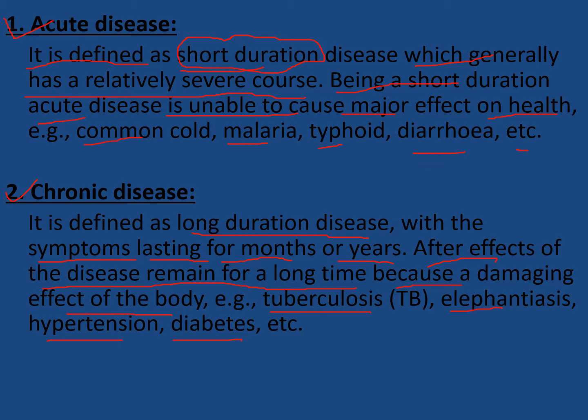This type of disease has a lot of effect on our body, and diabetes and hypertension will last for our whole lifespan. These are very difficult diseases. Please copy down this page.